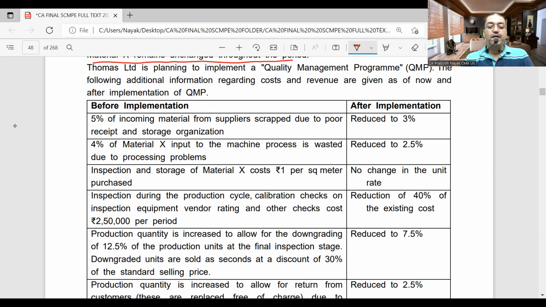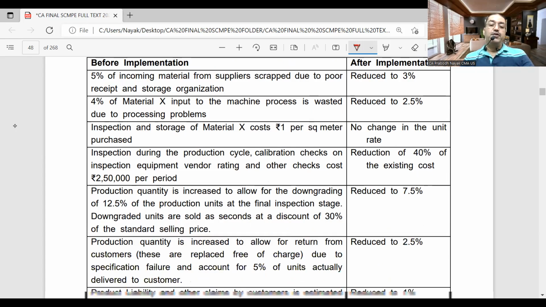So downgraded units are sold as seconds at a discount of 30% of the standard selling price. That means if your selling price for good quality products is 1,000, this you are selling at 700. How much is downgraded? 12.5%. After the implementation of the program, this reduces to 7.5%.